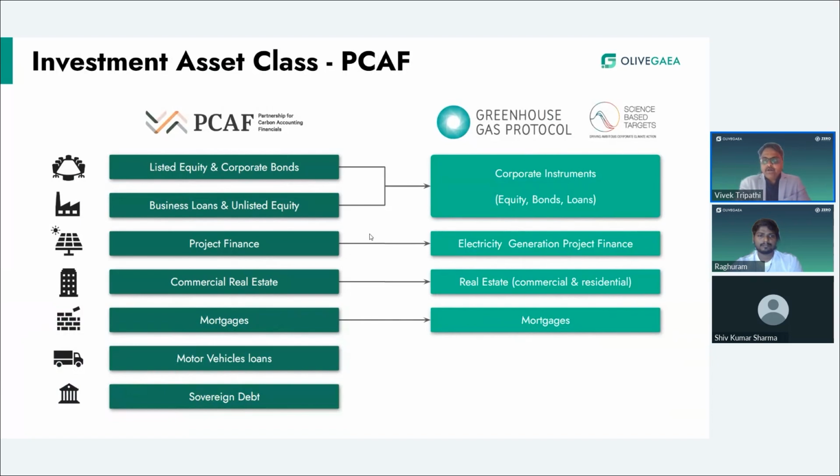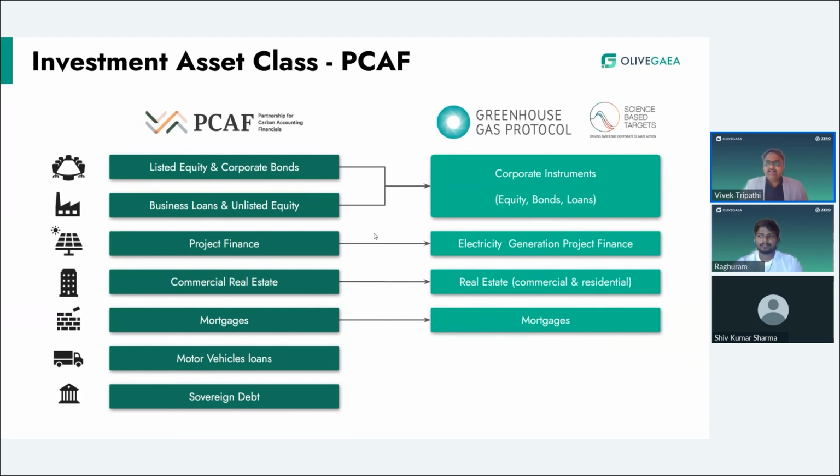When it comes to financed emission calculation, the way a bank invests into a particular sector and the expectation of revenue generation from that investment define what sort of treatment should be taken when finding the financed emission for the bank. Let me simplify that.